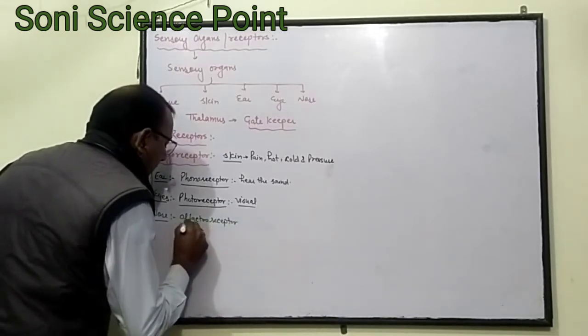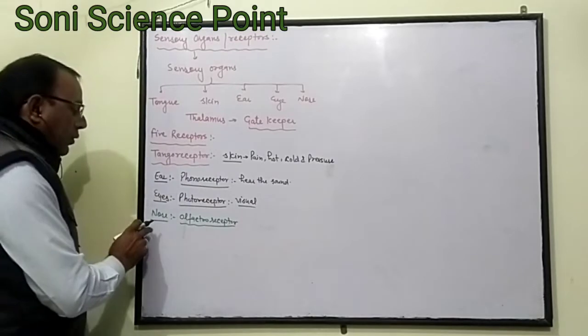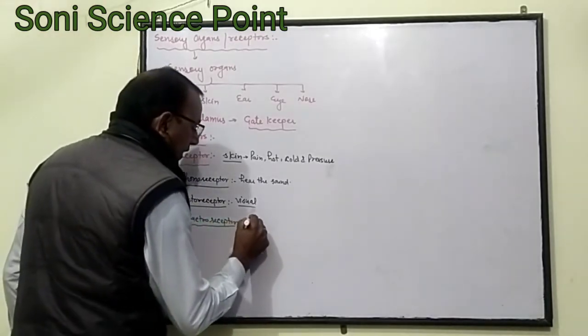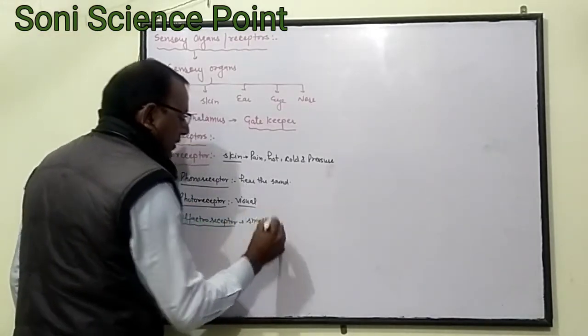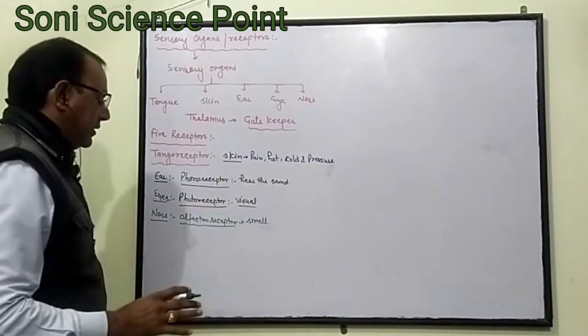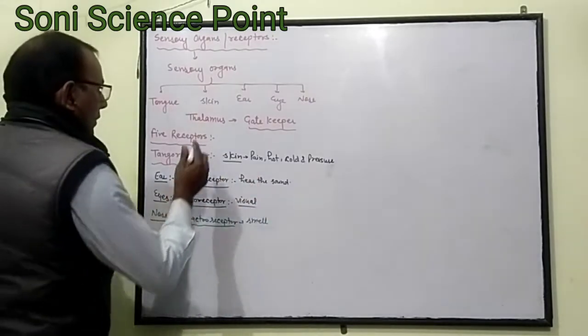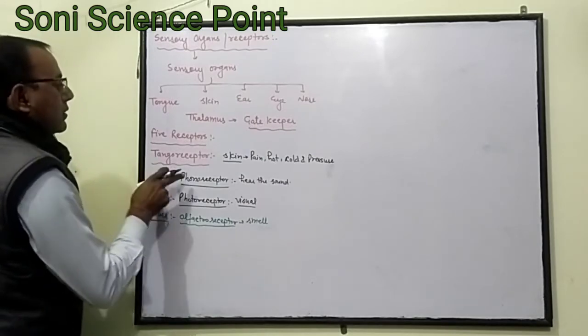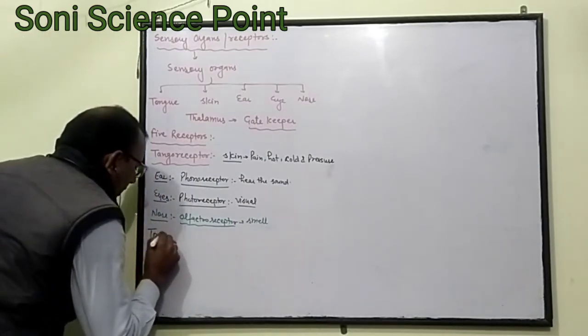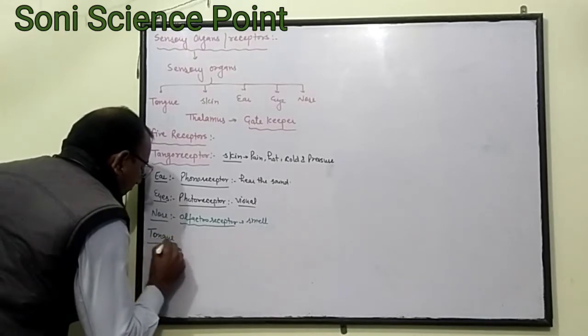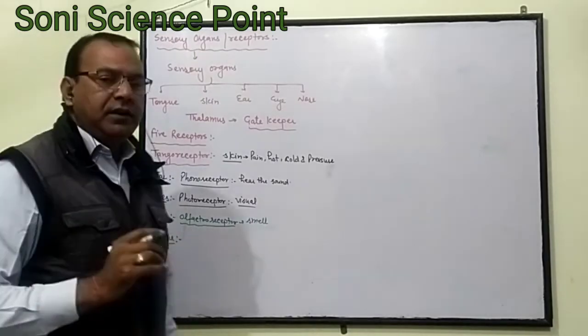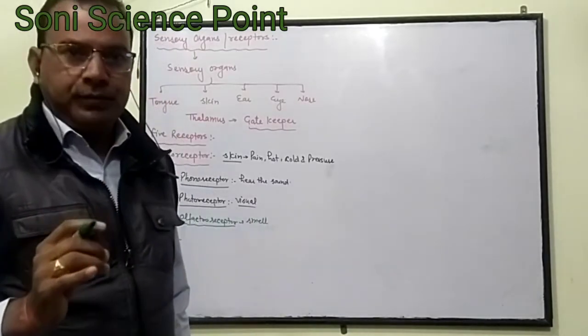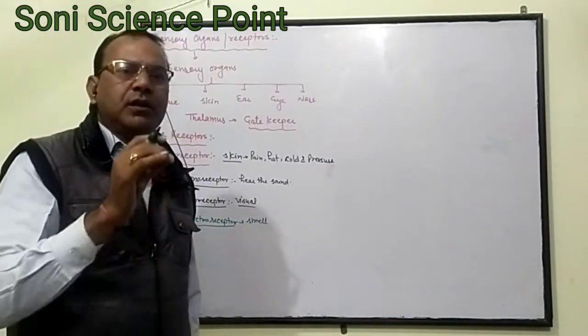With the help of the nose we can smell the different smells of food and different substances. And next is the tongue. With the help of the tongue we can taste the food, because the taste buds are present on the tongue.